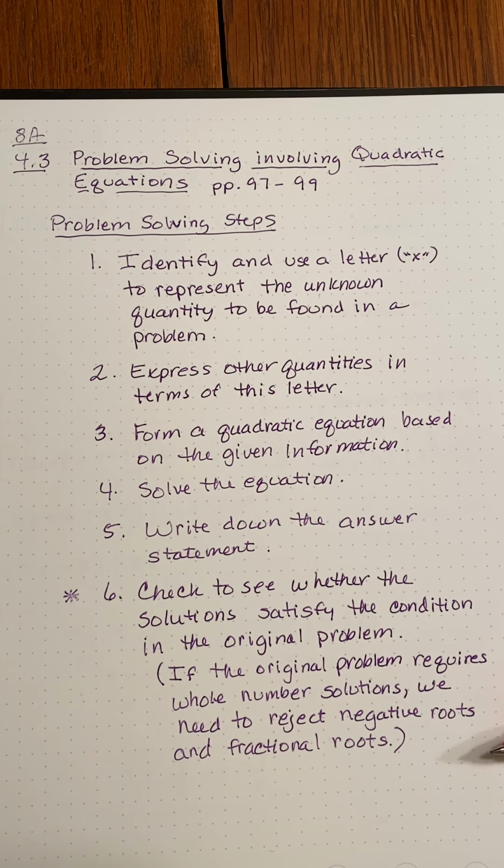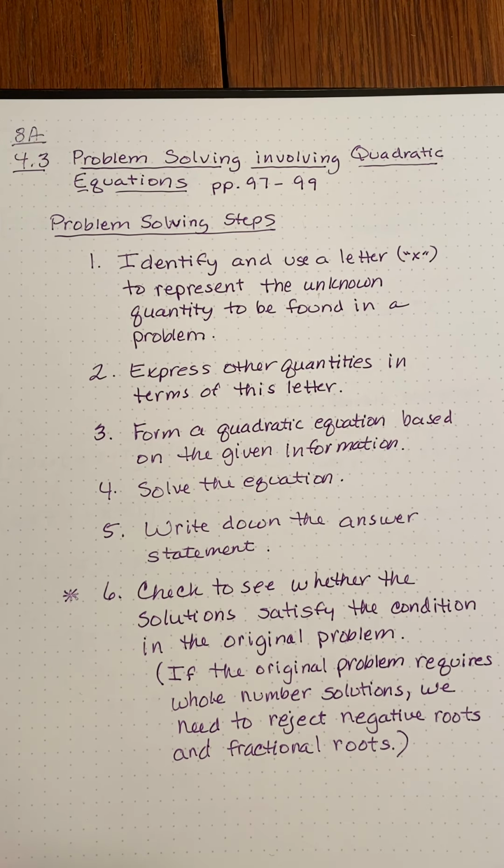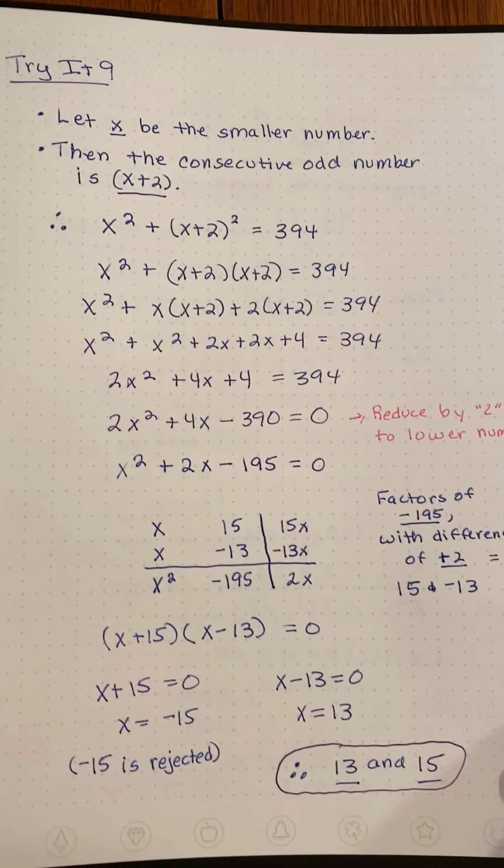So you have to have your answer make sense, be real in what they are asking you to solve. With all of this in mind, after you have these written down, reread them, and then we'll proceed to try it 9 on page 98.